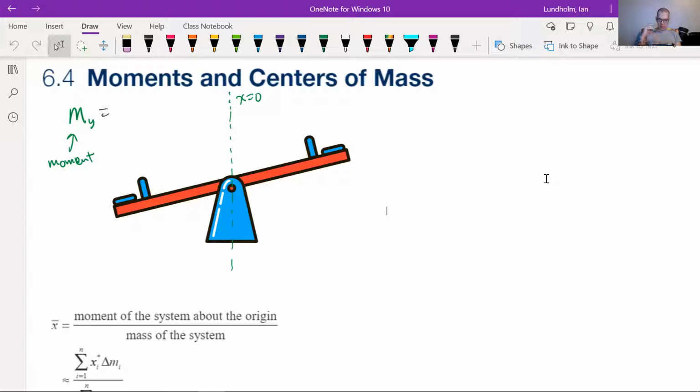This moment is equal to the product of a mass and a distance.